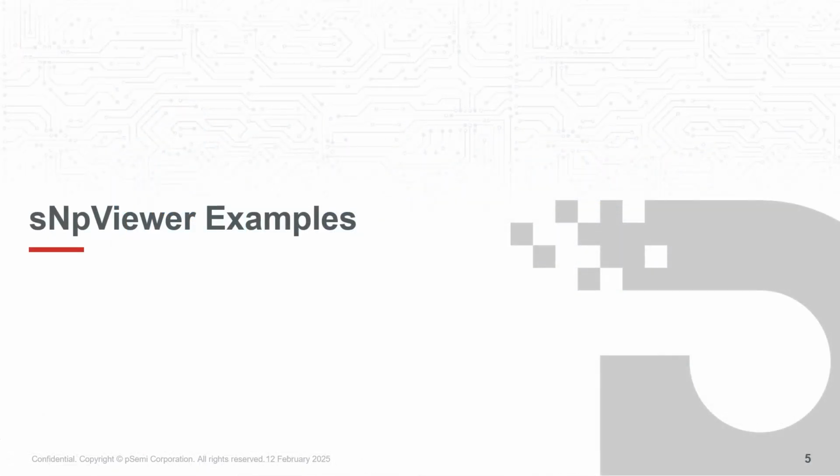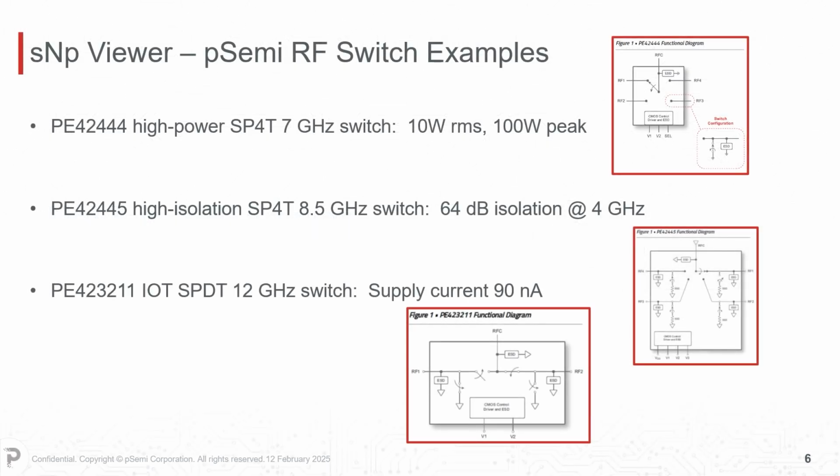I'd like to show a few examples where the sNpViewer can be used, and also take the opportunity to showcase a few pSemi newly released products. Firstly, I'll show you the PE42444 high power SP4T 7 GHz switch, which can handle 10 watts RMS, 100 watts peak.